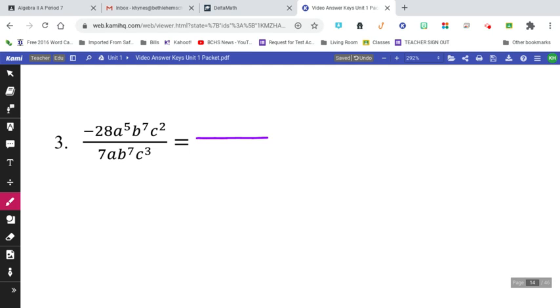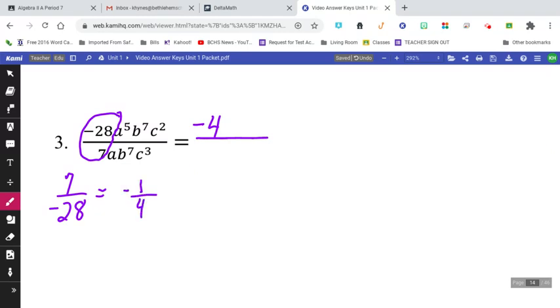If nothing ends up below the line, you don't have to write anything. Okay, so the first thing we have is negative 28 divided by 7. That will be negative 4, and that would be above the line. If it had been the reverse, like this, then we would have written negative 1 over 4.